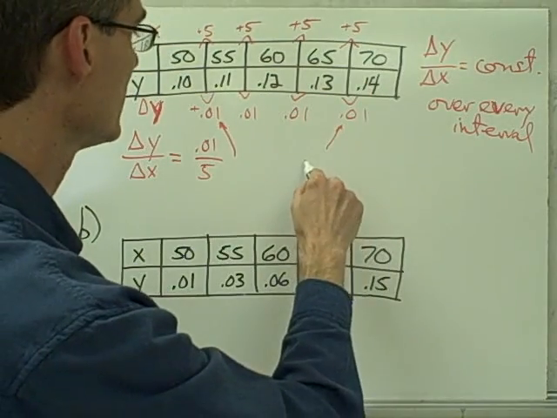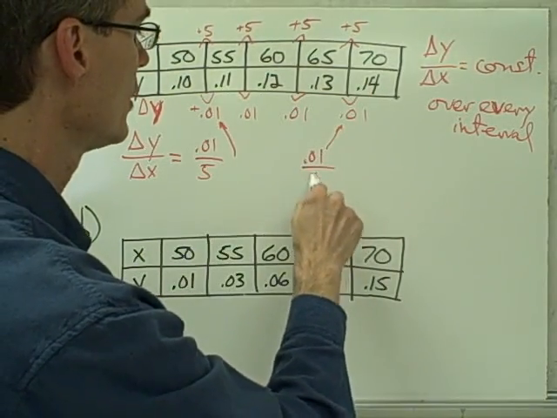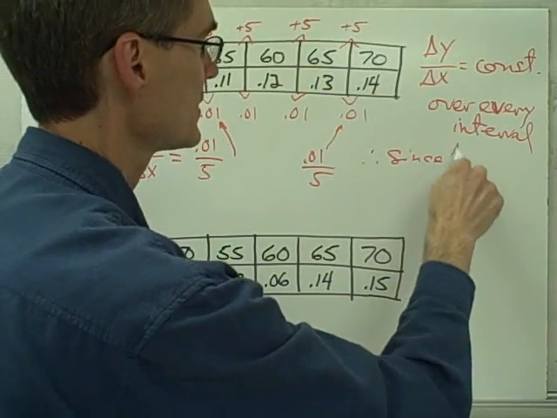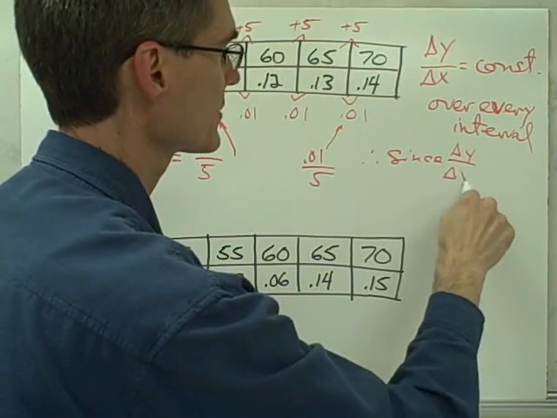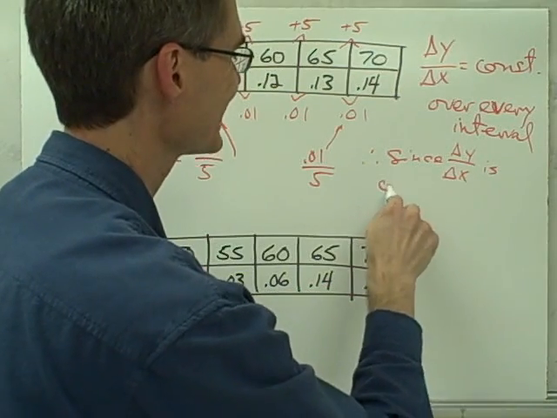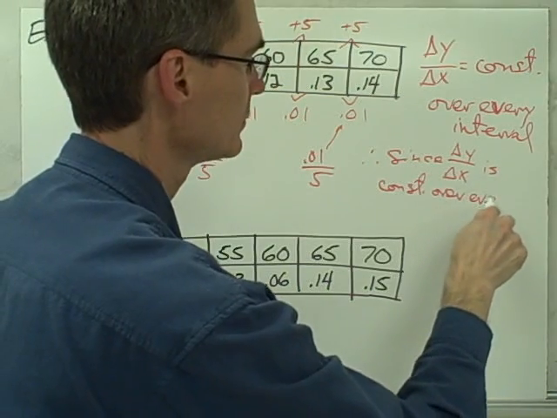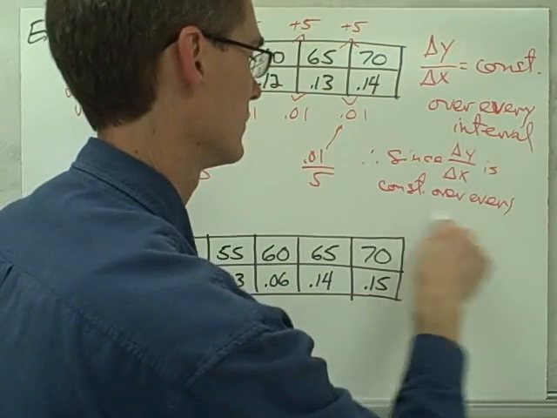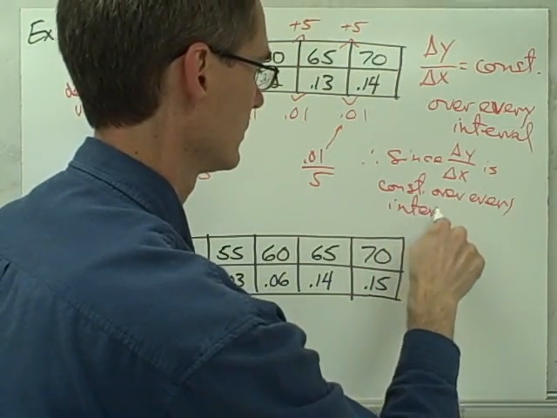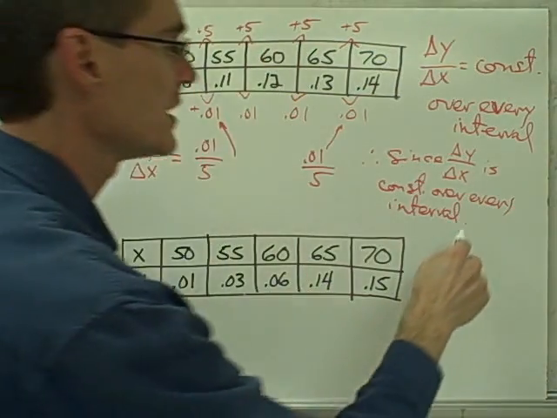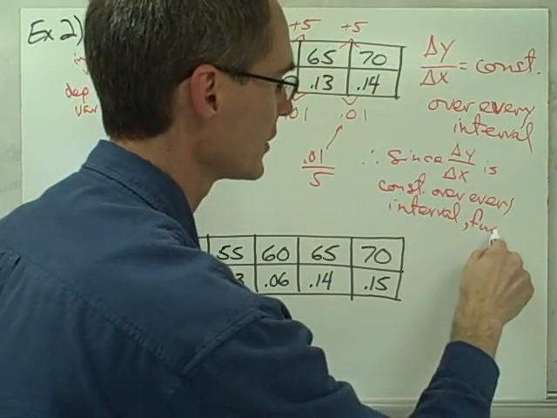That's also going to give me 0.01 over 5. Therefore, since delta y over delta x is constant over every interval, I know that this function must be a linear function.